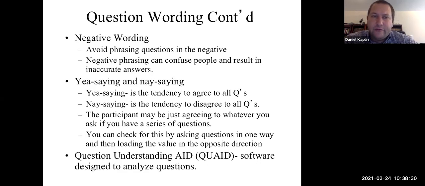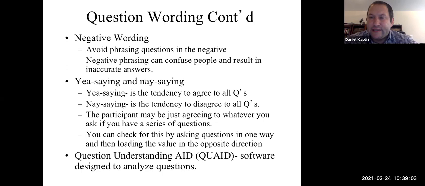Now, we also have to consider negative wording. When you use negative wording, it creates a cognitive conflict. You have to read the question, understand the question, and flip it to the right way. So most researchers encourage you to always write your question in the affirmative, always write in the positive.